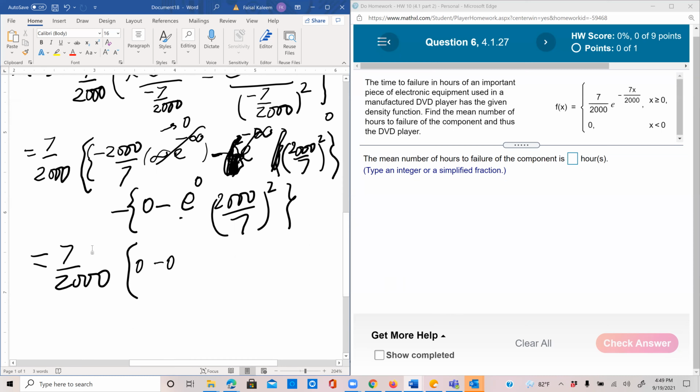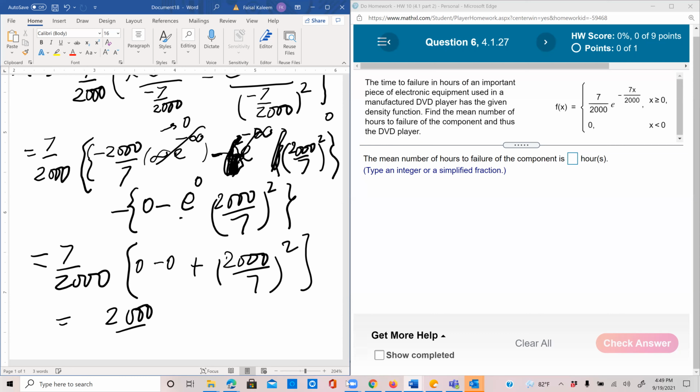And then we have another 0, and then we have a plus 2000 over 7 whole square. So this ends up being 2000 over 7. So that's the answer.